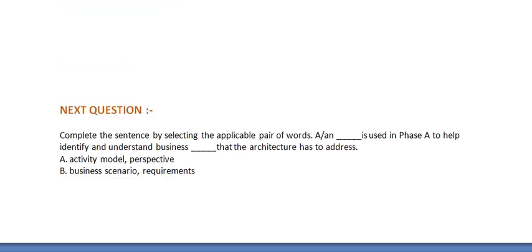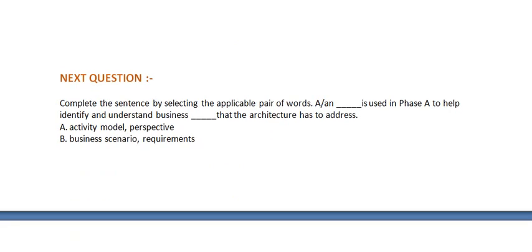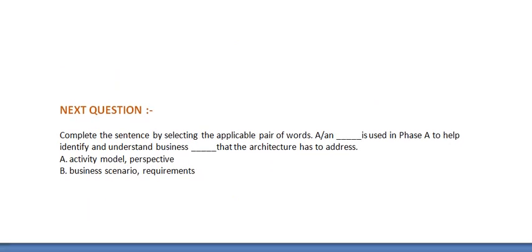Next question is, complete the sentence by selecting the applicable pairs of words. A dash is used in phase A to help identify and understand business dash that the architecture has to address. Option A, activity model. Option B, business scenario and requirements.